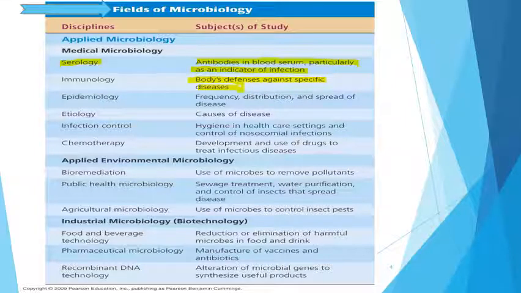Then we have epidemiology, the frequency, distribution and spread of disease. After this we have etiology, which deals with the causes of disease. Then we have infection control, hygiene in health care settings, and control of nosocomial infections.